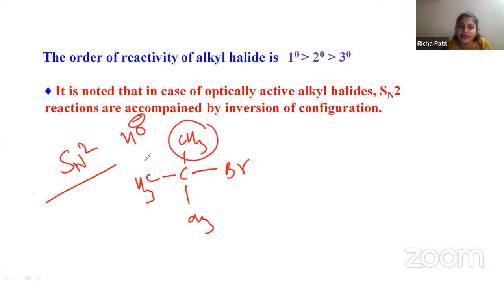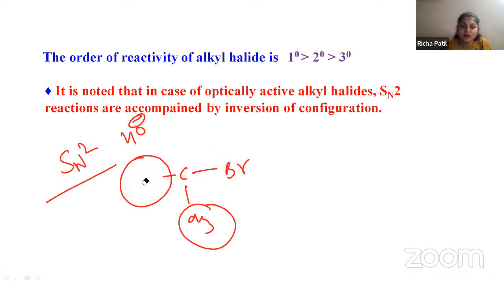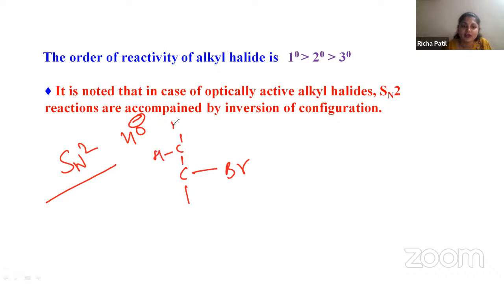You see, these are very bulky groups. CH3 methyl groups are very bulky groups. I can write the complete structure, then you will get to know. So these CH3 groups are bulkier groups.